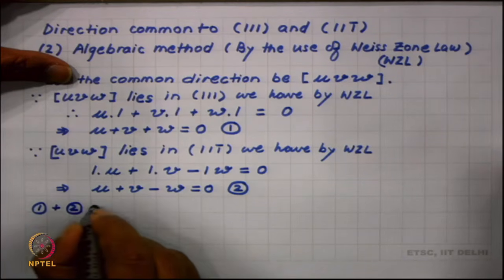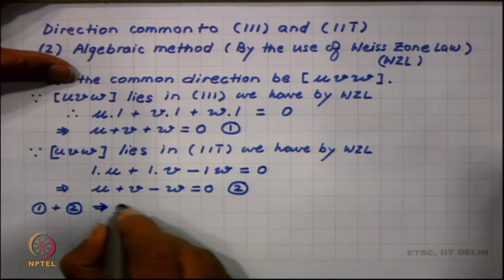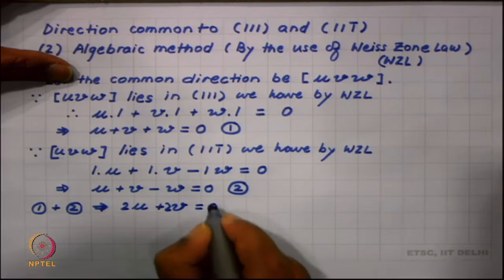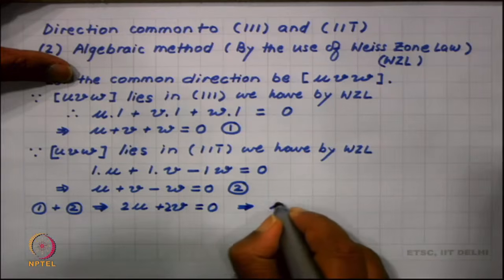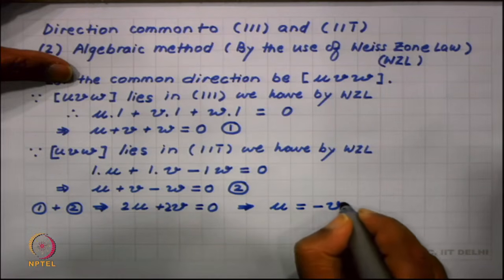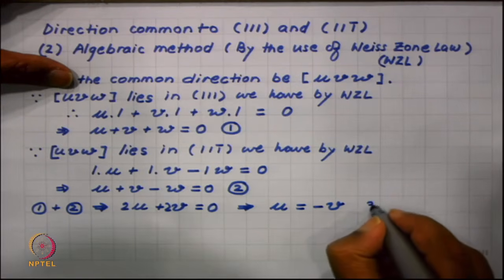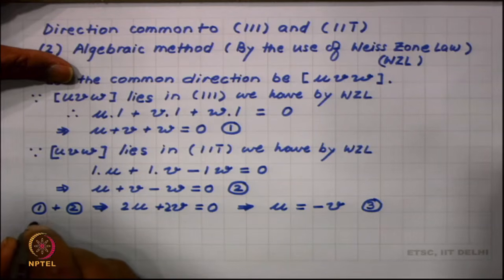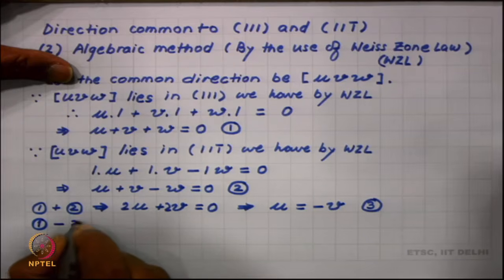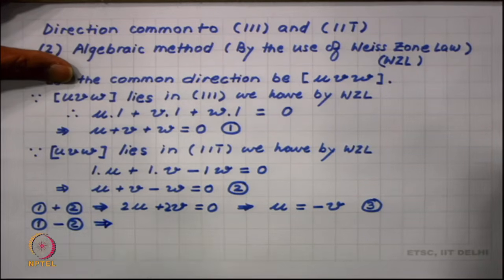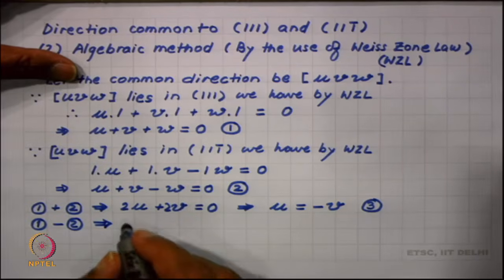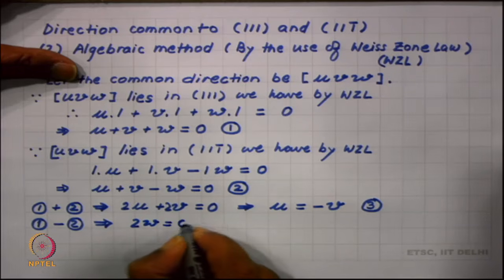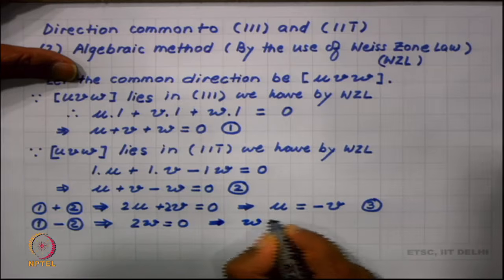So, 1 plus 2 gives me 2U plus 2V is equal to 0, which in the end gives me U is equal to minus V. So, I have established a relation between U and V. Let me call this relation 3, and if I subtract 2 from 1, so 1 minus 2 gives me 2W is equal to 0, which means W is equal to 0.